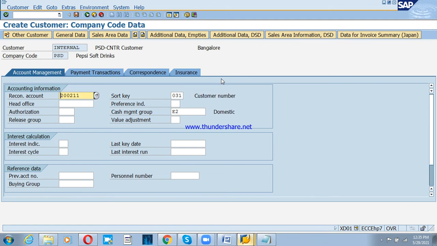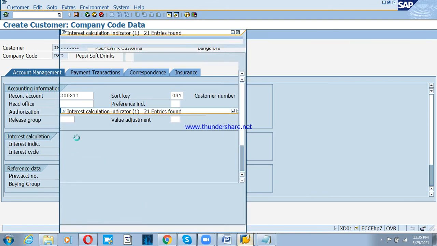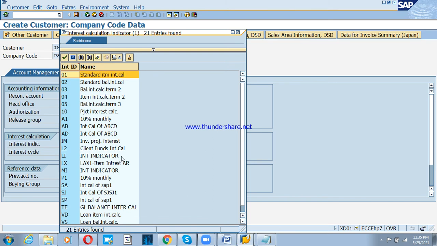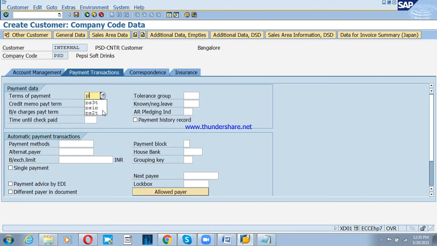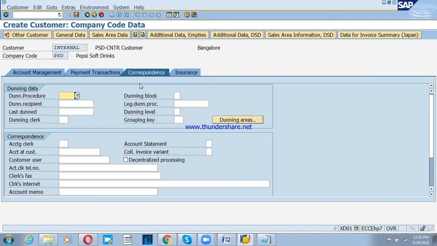I think the interest indicator is not maintained, I will take the standard one. Okay, payment transaction PS3T, tolerance group PSD.